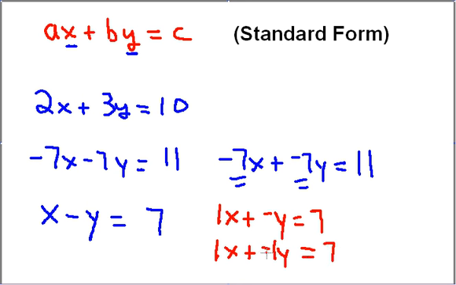Minus y and minus 1y are the same thing because minus 1 times y is minus y. So now we have an a value, our a multiplied by the x. Our a value is positive 1. Our b value is negative 1. And our c value is 7.